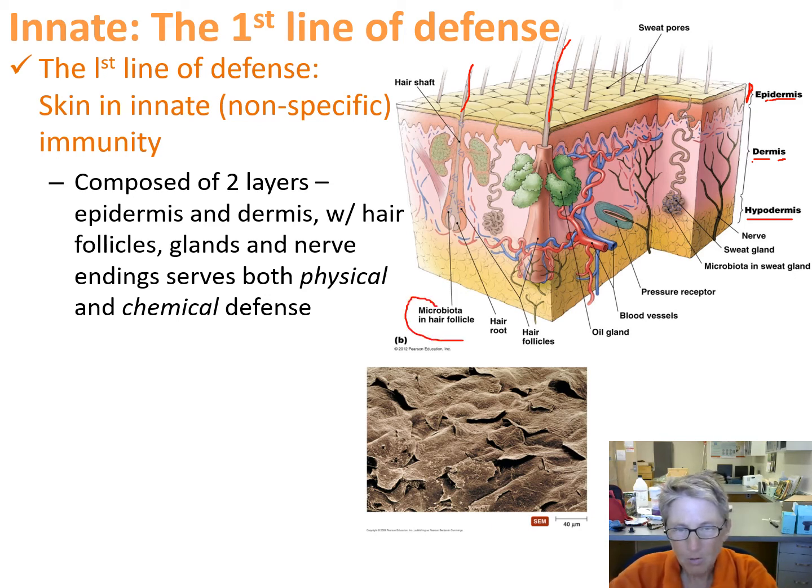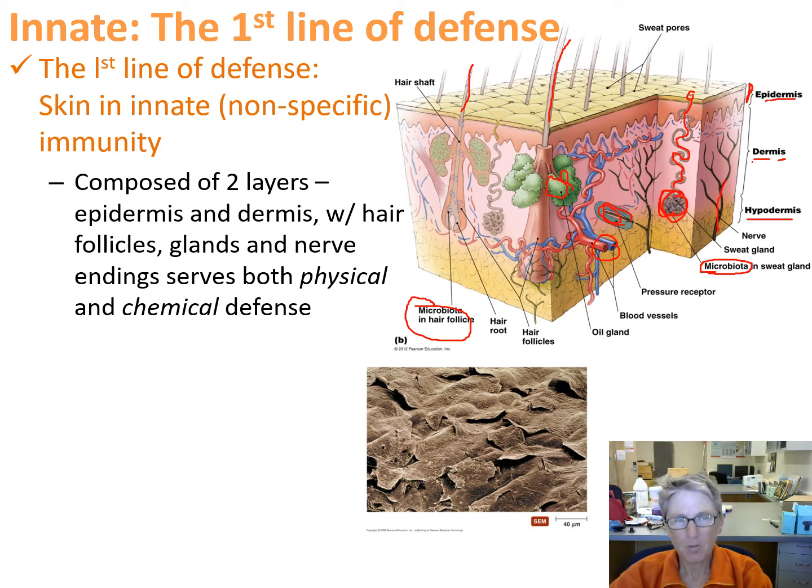There are microbes in your hair follicle. You have oil glands here, those are green. Here are your blood vessels, red and blue. Here's a Pacinian corpuscle, or a deep pressure receptor. Here's a sweat gland, and it says you can have microbes in your sweat gland. This coily thing is the sweat duct that brings the sweat to the surface. And then there are some nerves.